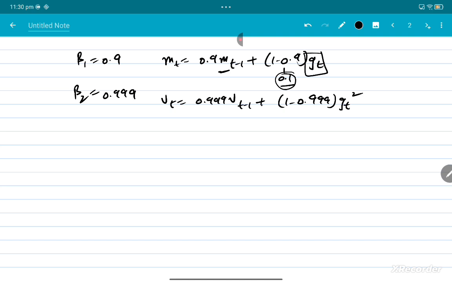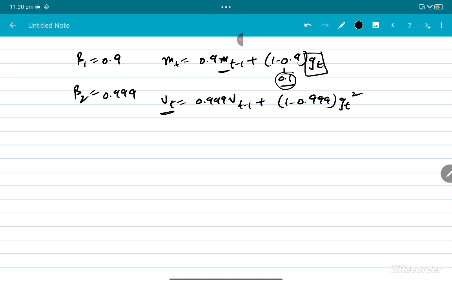That is the main task of this v_t parameter. It takes note of how gradients have been moving in the past iterations.